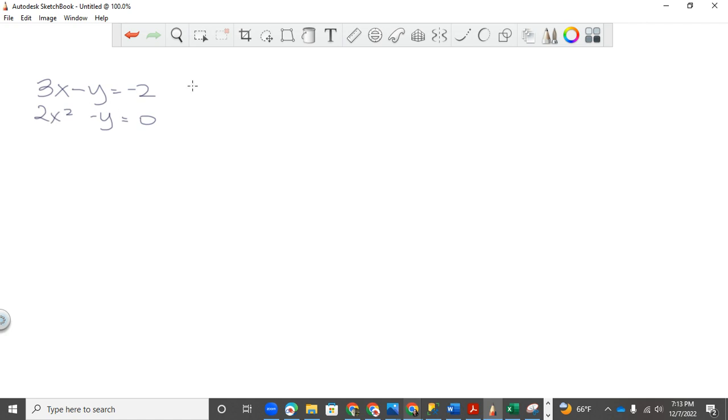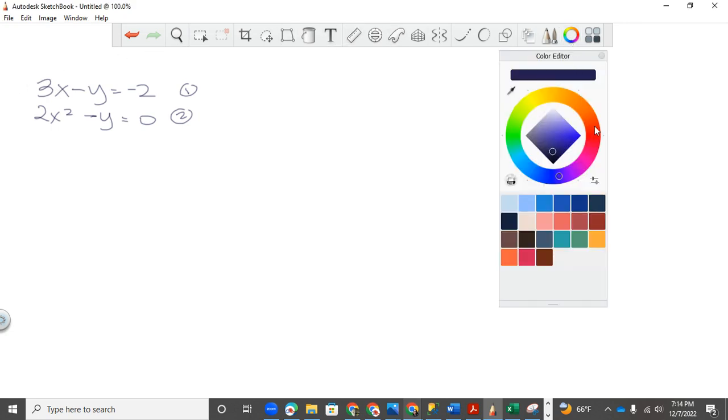This is equation 1, and this is equation 2. Now, you notice that you already have y's the same, negative 1. So if you multiply equation 1 by negative 1, all the signs will effectively change. So this will become negative 3x, positive y, and positive 2.